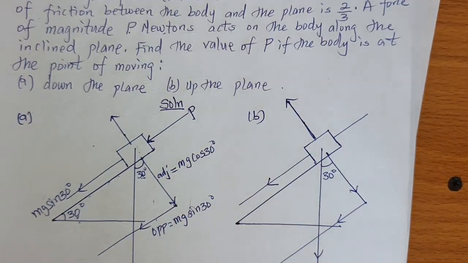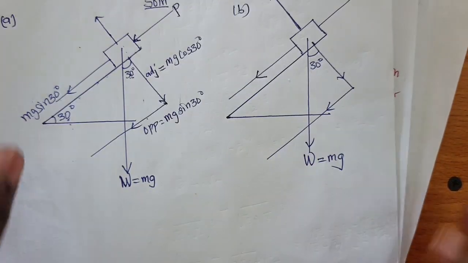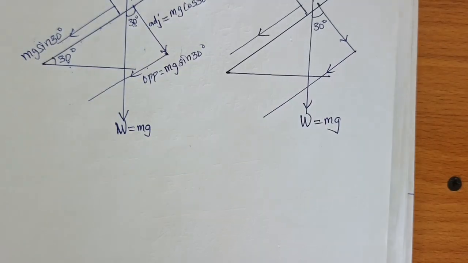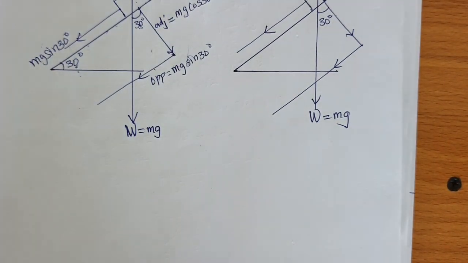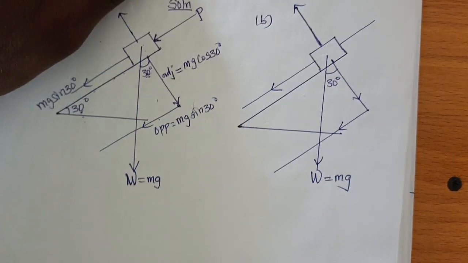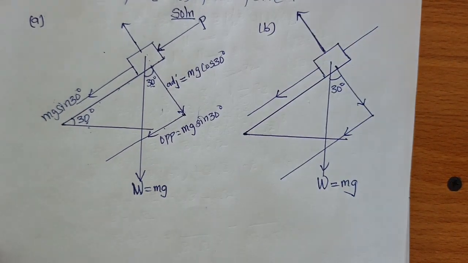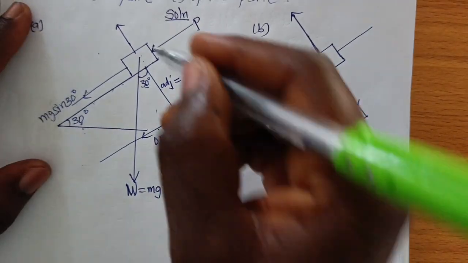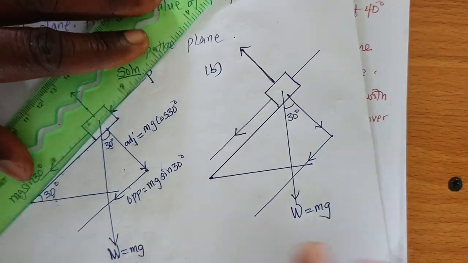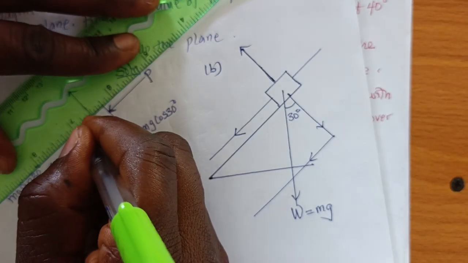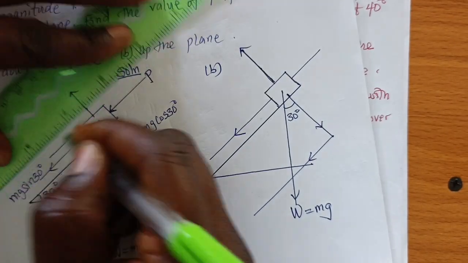According to the definition, friction is a force that opposes movement of two bodies whenever their surfaces come in contact. So if the body is at the point of moving down the plane, the friction will oppose it. The frictional force will be acting in the opposite direction.